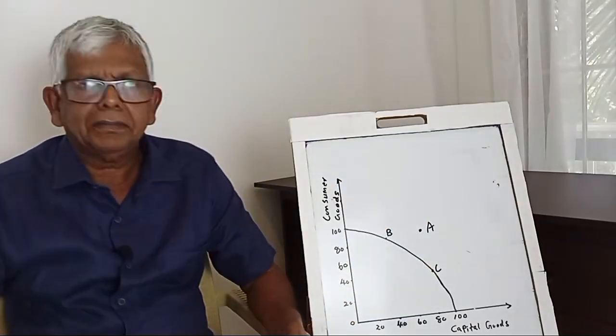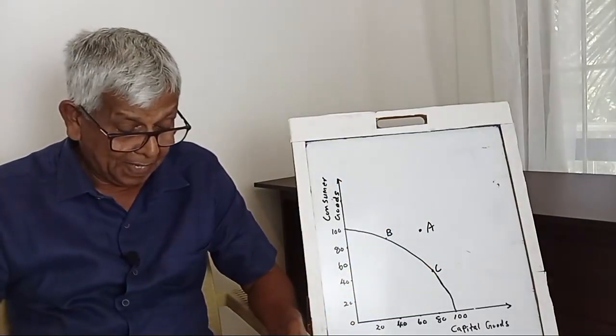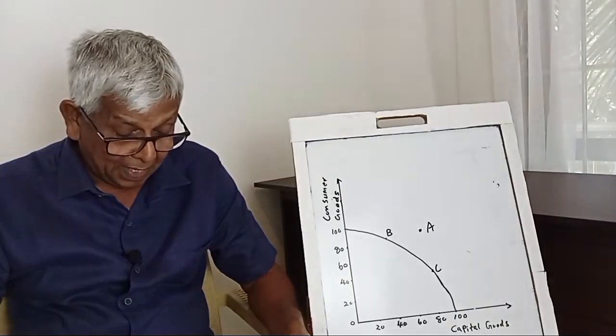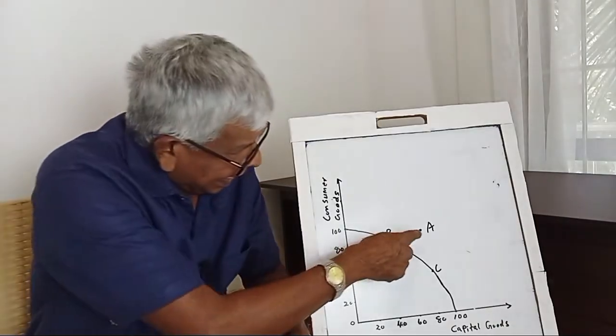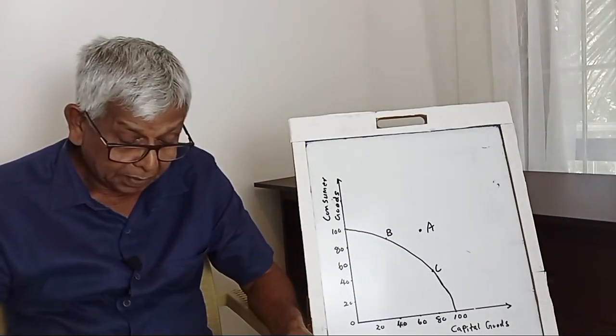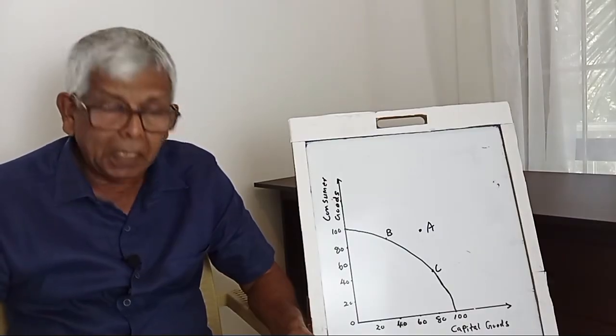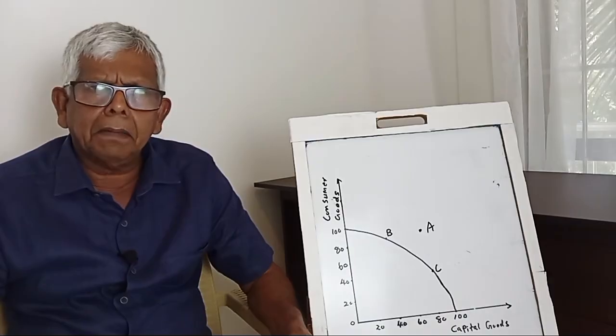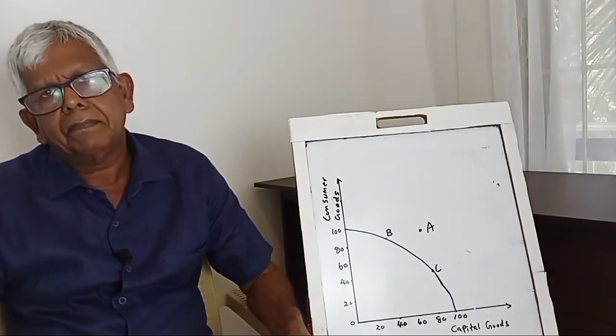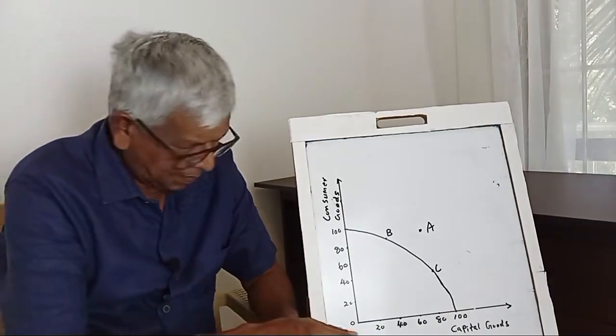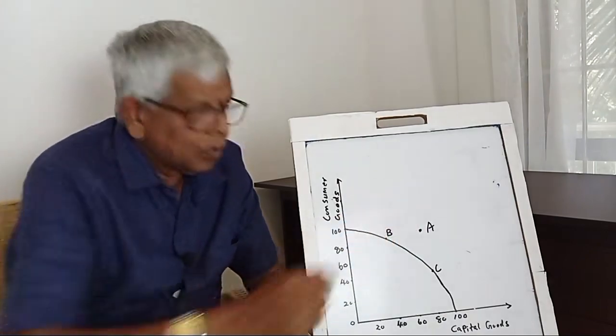B, C, E. A point is an unattainable combination of goods.